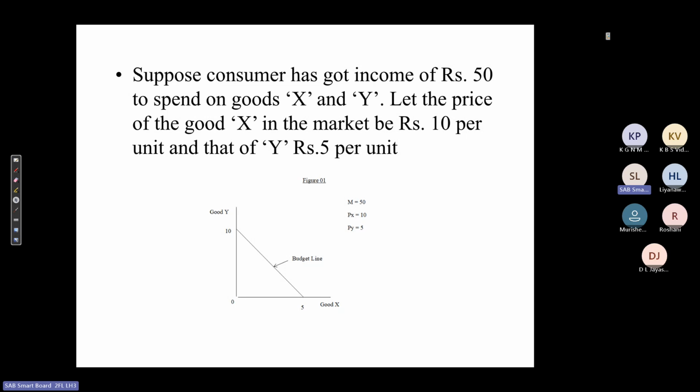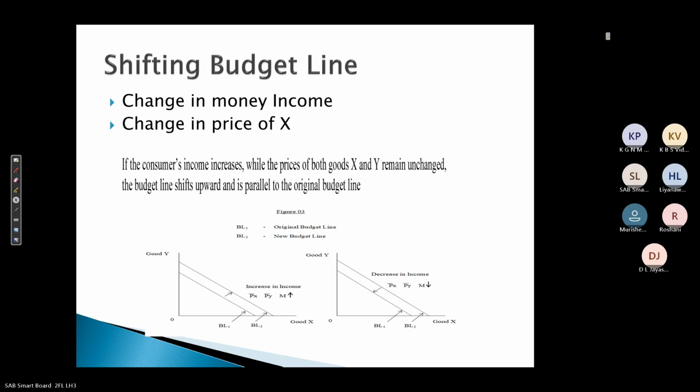You can see the price ratio is 10 divided by 5, so it is 2. So the slope of the budget line is the price ratio. Or once you identify the budget line, you can differentiate it to identify the slope.